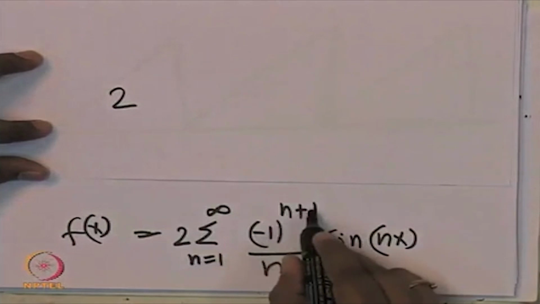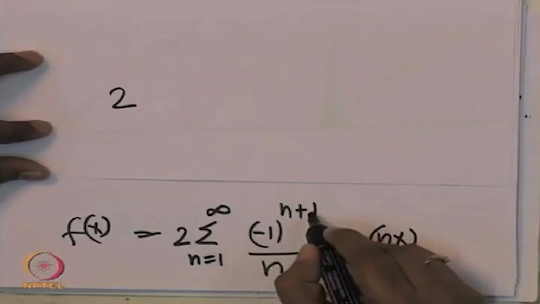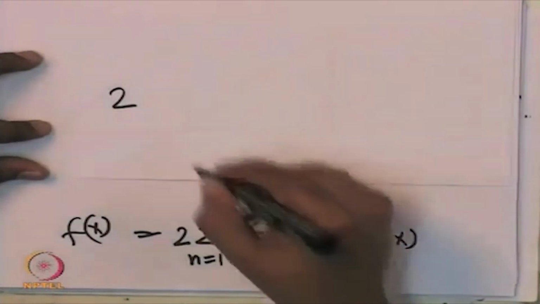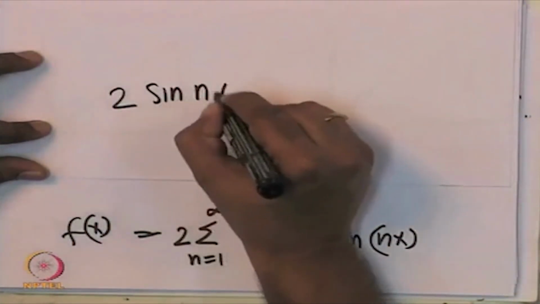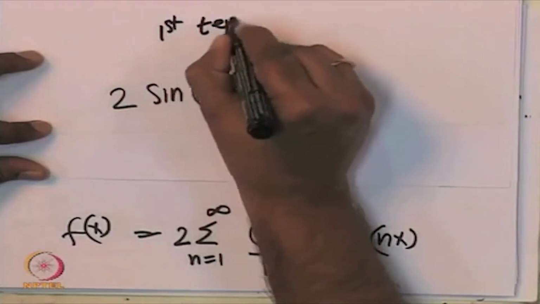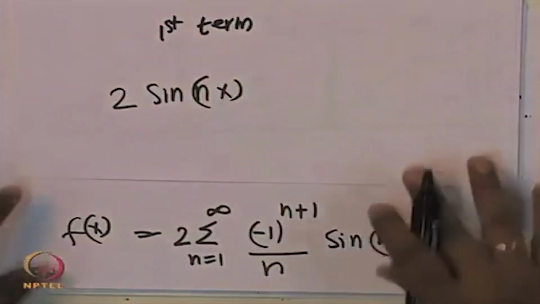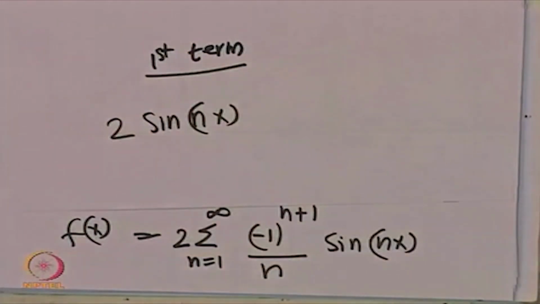So, minus 1 power n plus 1, n is 1, so n plus 1 is 2, and minus 1 power 2 is 1. 1 by n is again 1. So, this is 2 sin x. This is the first term.